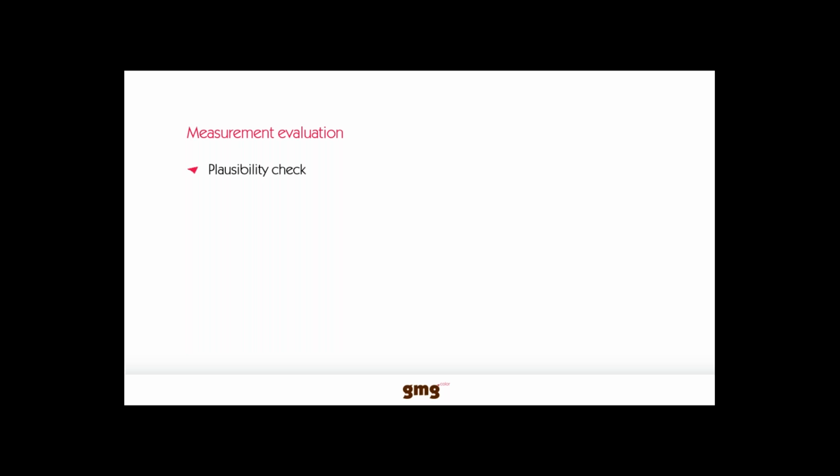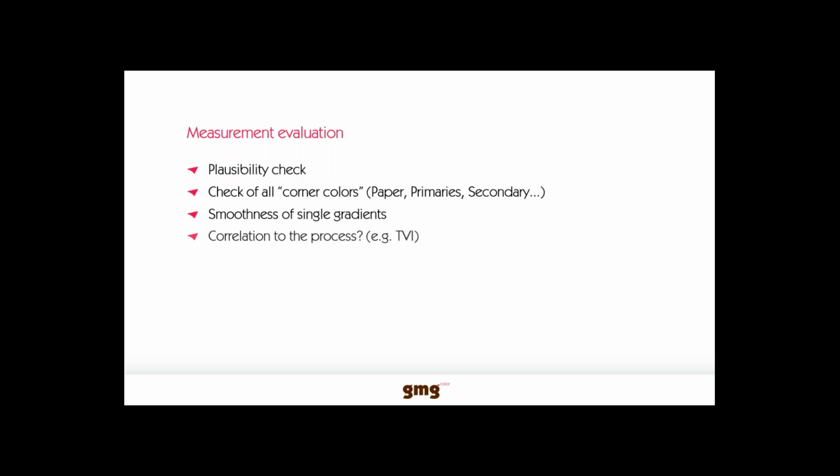Maybe something went wrong during the measurements. Do you have very high delta E's? Check the corner colors. This means the solids and secondaries. Do they match the targets? Check the smoothness of the single ink wedges. Do you have steps between the tonal values, breaks in gradation? And check the correlation to the process, for example, the TVI.